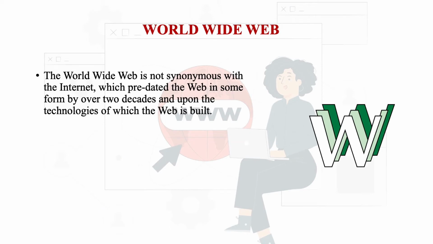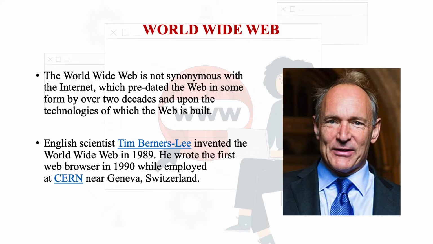The World Wide Web is not synonymous with the internet, which predated the web in some form by over two decades and upon the technologies of which the web is built. English scientist Tim Berners-Lee invented the World Wide Web in 1989. He wrote the first web browser in 1990 while employed at CERN near Geneva, Switzerland.